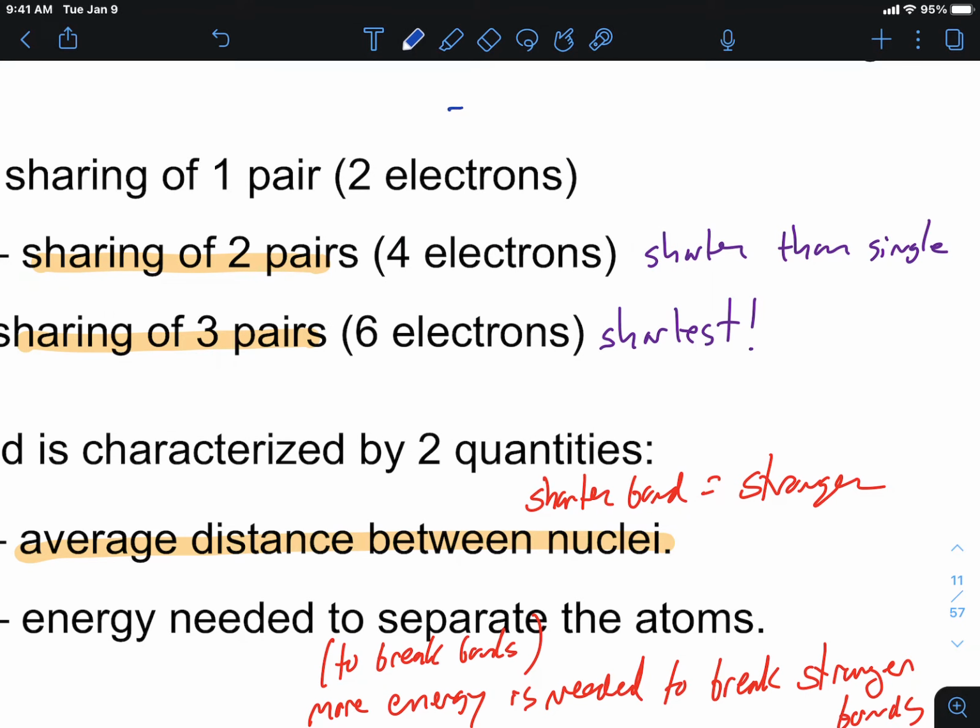All right, so for example, here's a single bond. In a single bond, you have 2 electrons that attract the nuclei. Okay.